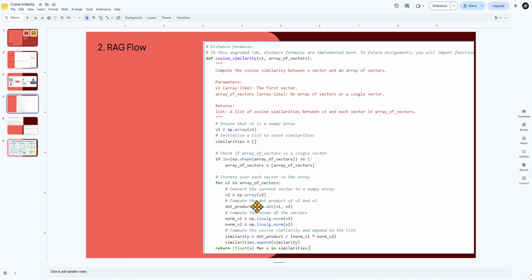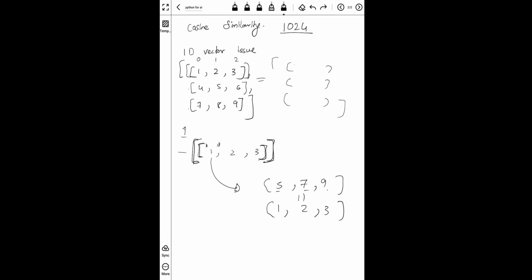So to get a scalar value at the end of the day, maybe I can quickly explain this again. If you have something like 1, 2 as one vector, and then 3, 4, you do 1 into 3 plus 2 into 4, which equals 3 plus 8, which equals 11. So you get a dot product.